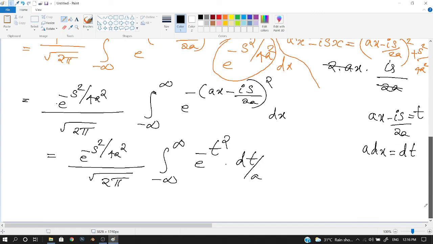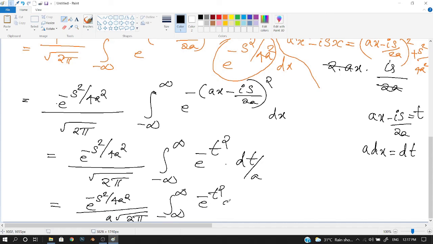Now you can take 1 by a outside. So e raised to minus s square by 4a square divided by a root 2 pi, then integral minus infinity to infinity e raised to minus t square dt.